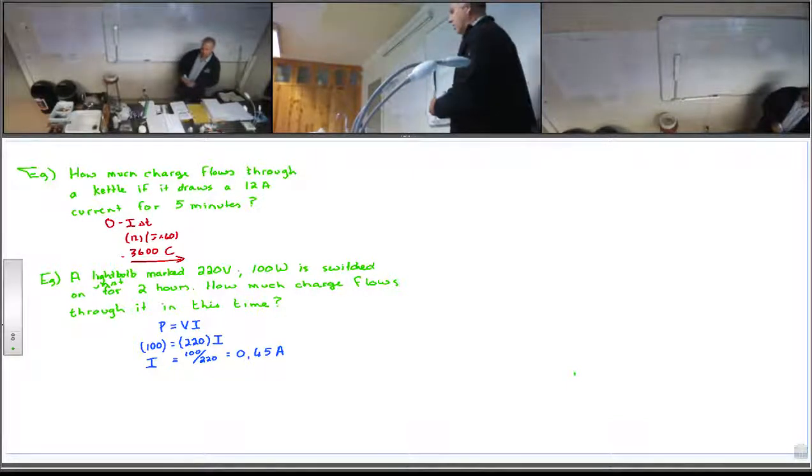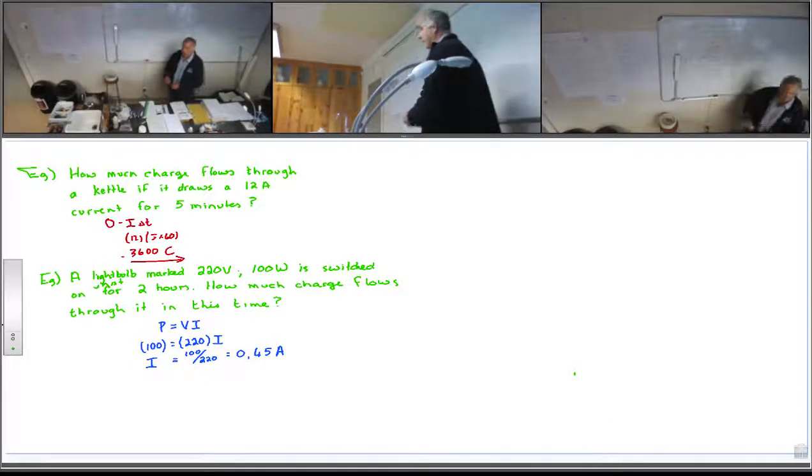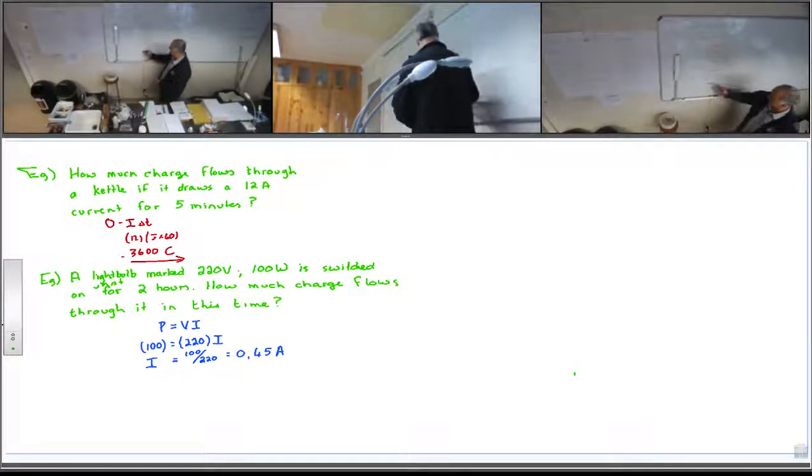Right, that's a little sub-calculation that you've got to do first, isn't it? Now what are you going to do, Nikita? Next stage? Q equals I delta T, yes. 0.45.